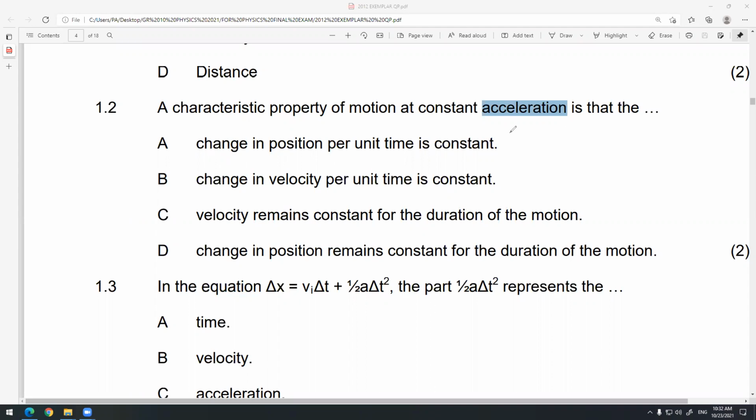That one is velocity. V equals delta X over delta T. Delta X is the change in position, another name for it is displacement. Change in position per unit time, delta X over delta T, is velocity. And change in velocity per unit time is acceleration. This is our answer: delta V over delta T.